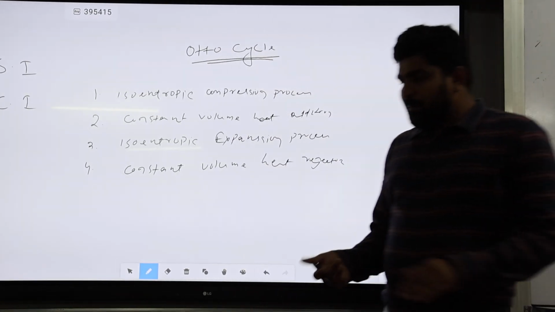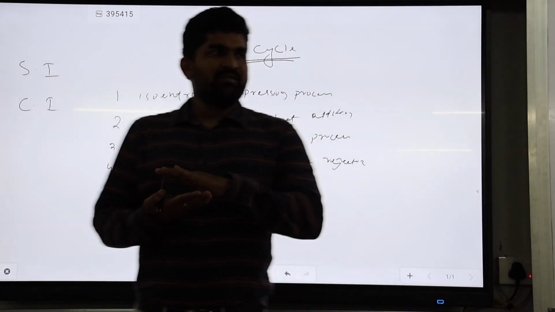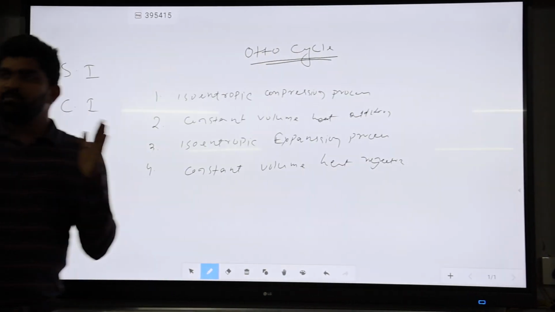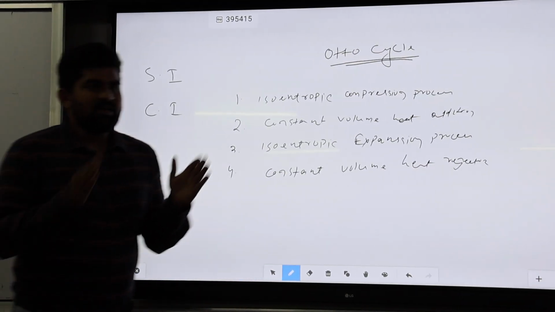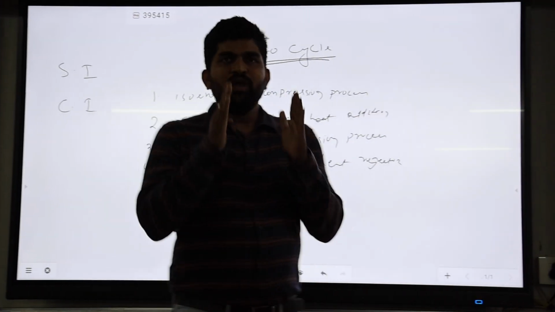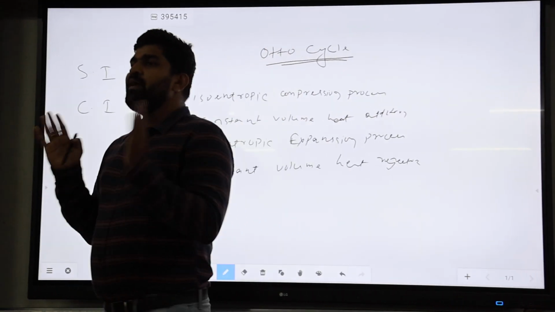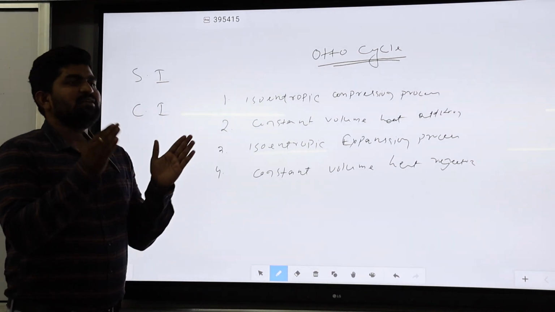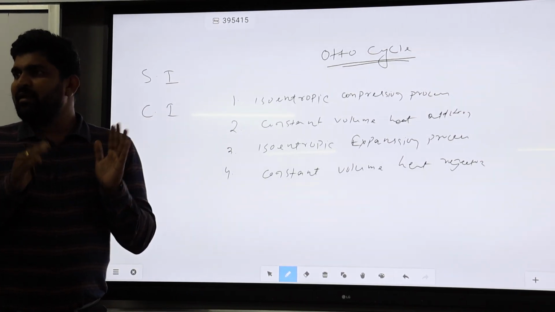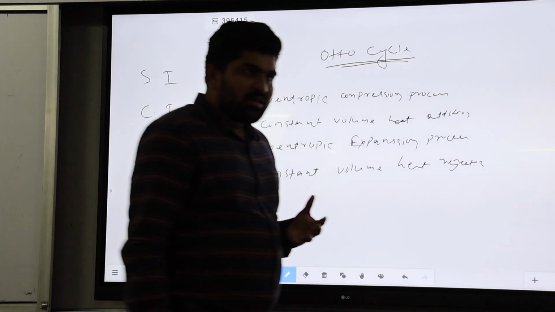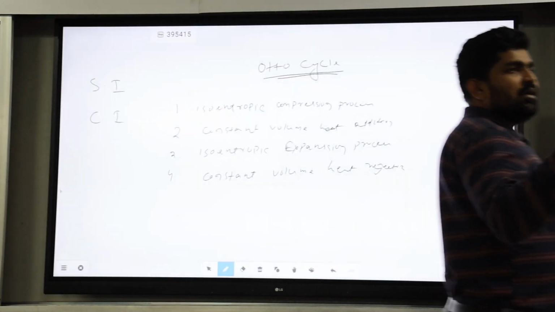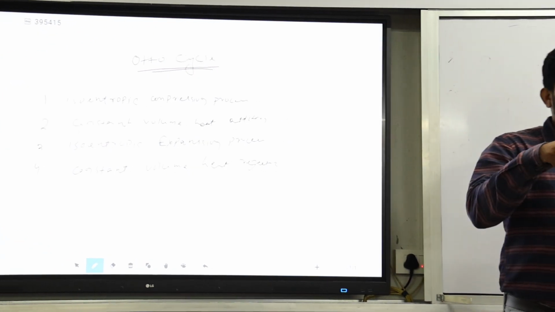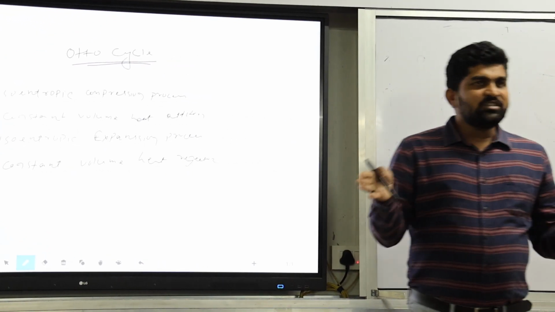Then there is compression. When the compression process starts, the fuel is compressed so that the pressure and temperature increase, but the volume decreases. Then there is a power stroke. You give the spark.